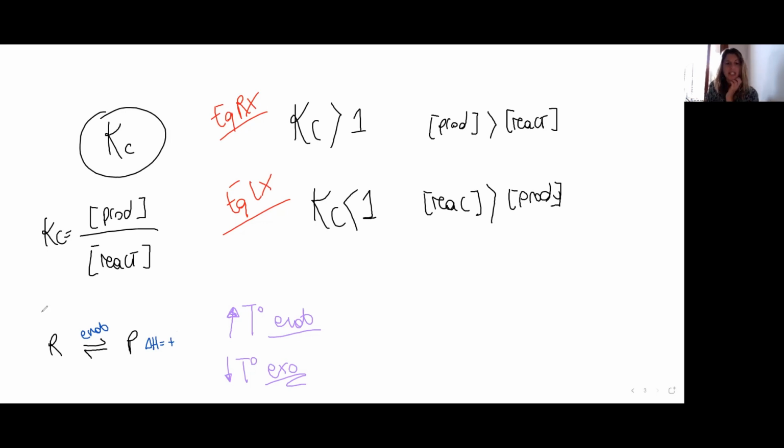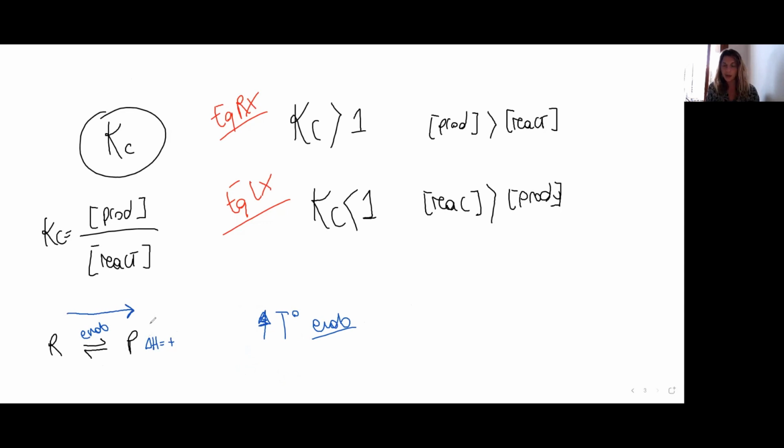If this reaction is endothermic, let's say that we increase the temperature. It favors, as we know, the endothermic reaction. What is the direction of the endothermic reaction? It is towards the products.